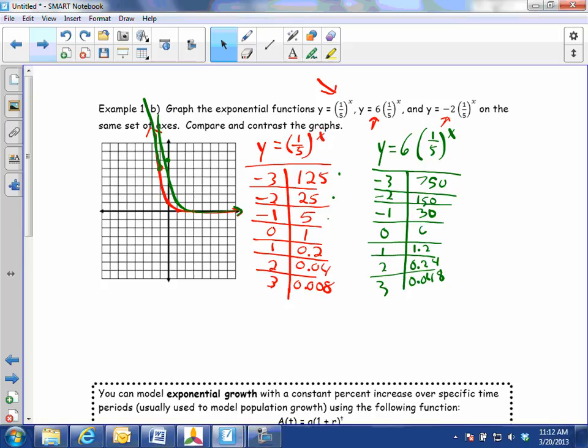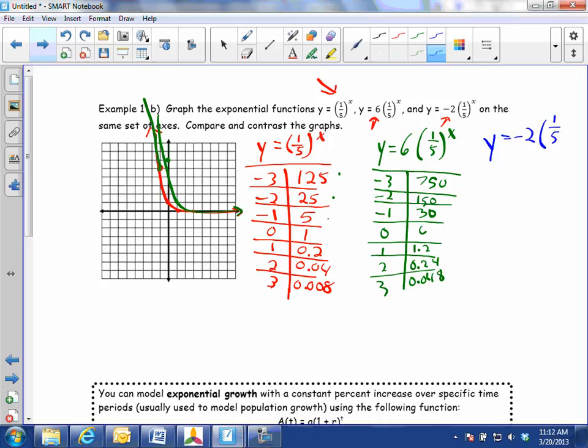Okay, then again with our other last one, all you have to do is take our numbers from the first table and take them times the -2.